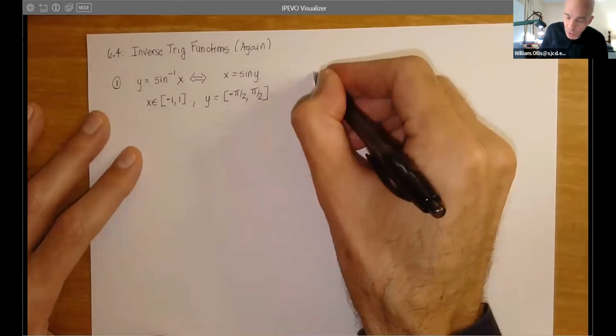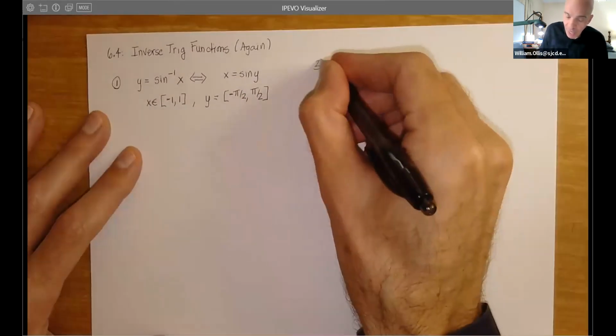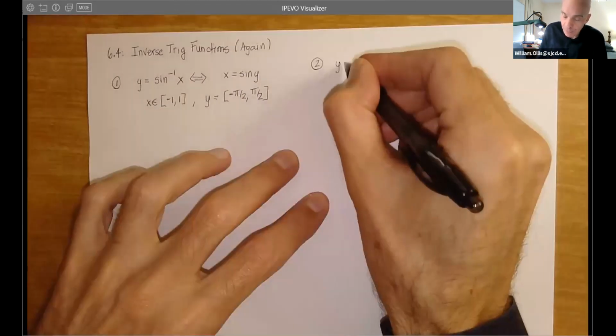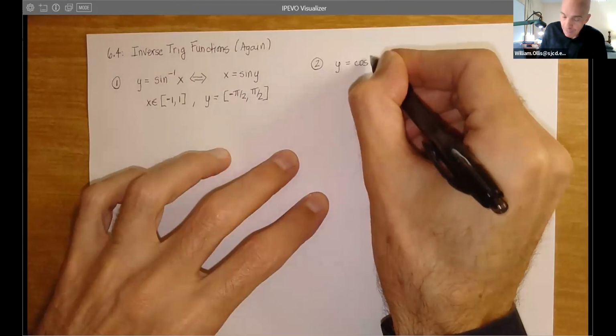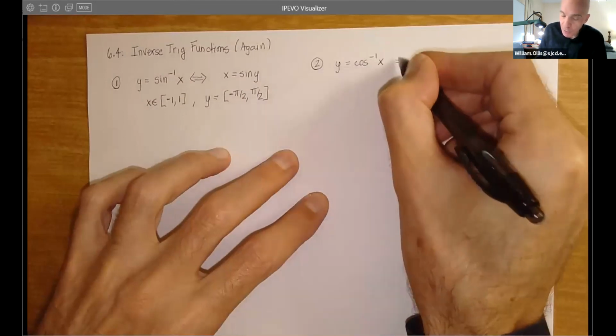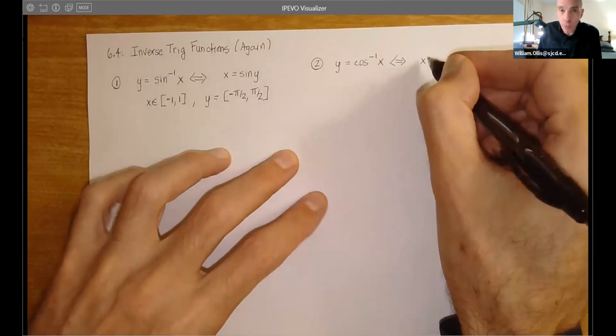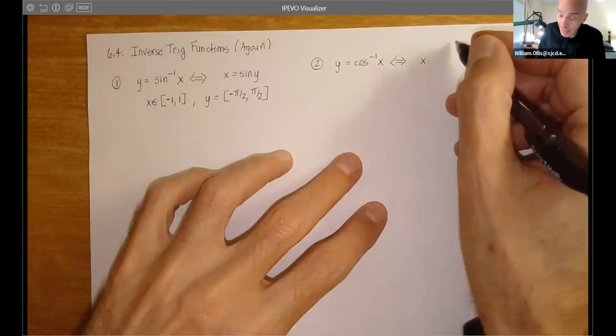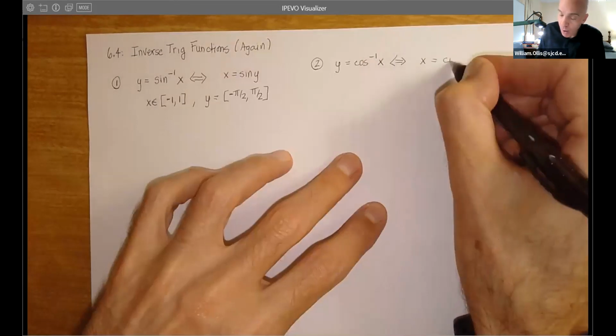The other one that we use, even though the calculus is very similar to this, is the inverse cosine. And of course, we can just apply cosine to both sides. Again, the inverse rules, we just get x equals cosine of y.